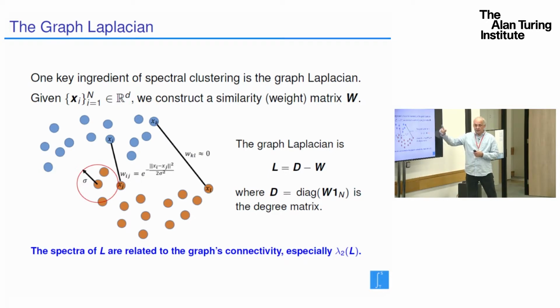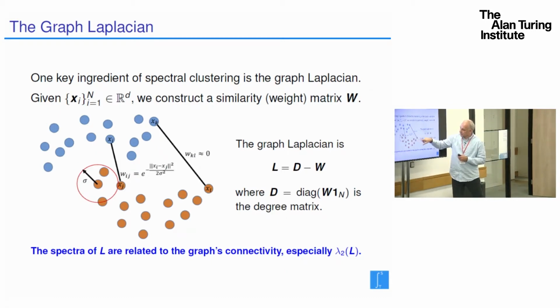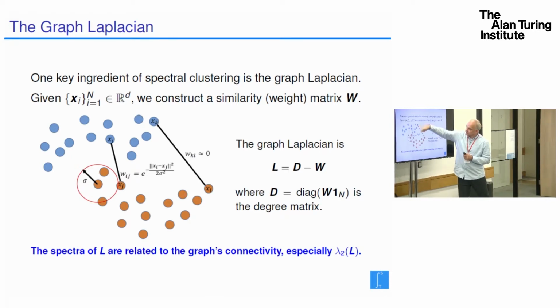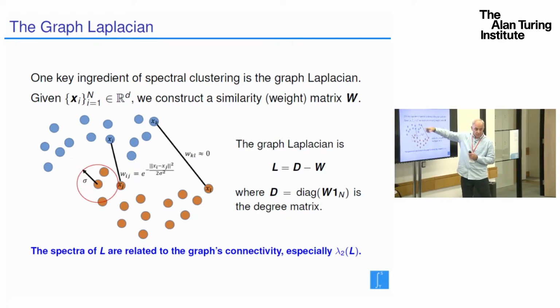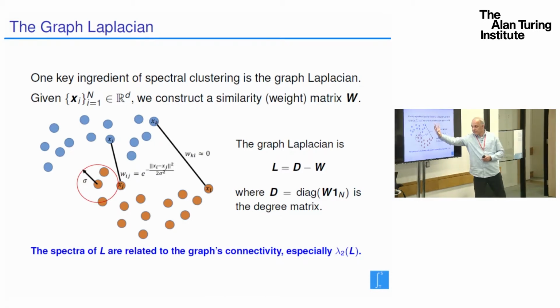And when I said that in one bunch of theorems you need to know the weight matrix in advance perfectly, it would mean you already assign weights of size 1 to these and weights of size 0 between points in different classes, which you don't know. So you cannot do that. And this graph Laplacian carries a lot of information about these data points if you think of them as a graph. In particular, the second eigenvalue tells us something about the algebraic connectivity of this graph.